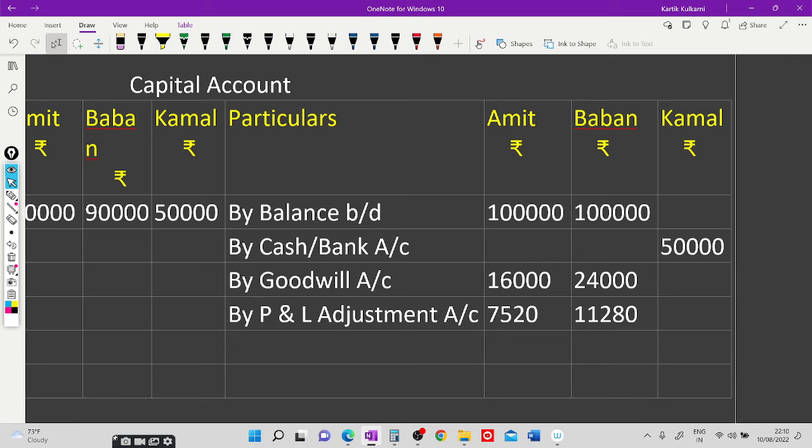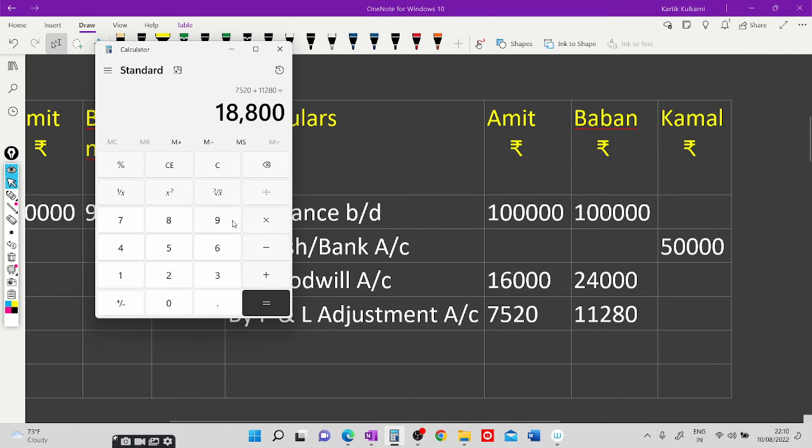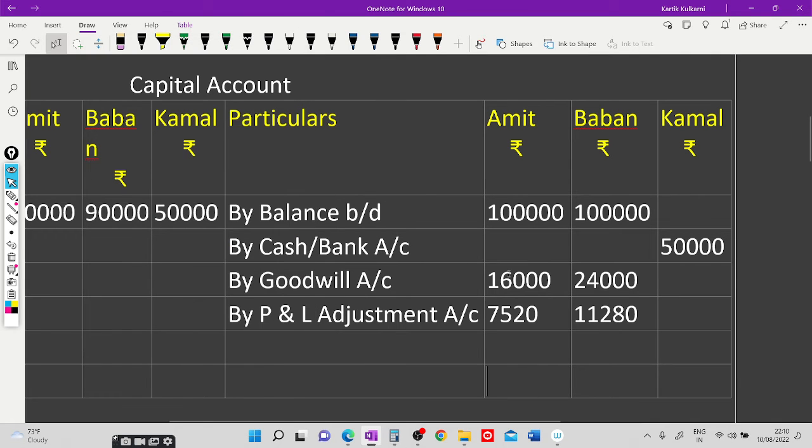Let's calculate it in the calculator. 1 lakh plus 16,000 plus 7,520 is 123,520.